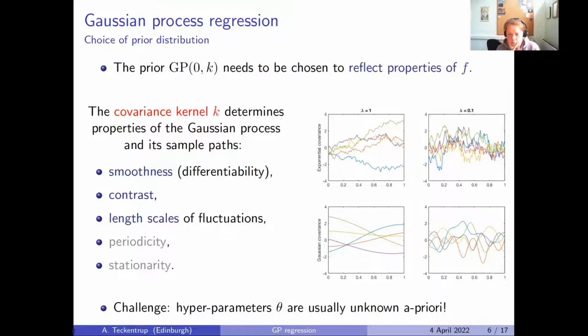And so choosing the right prior becomes very difficult in this context. You might have a function that really looks like this, but you're assuming in the prior that it looks something like that. And then it's not immediately clear whether this is still a sensible thing to do, and whether everything still converges to the correct underlying function. So I'm going to show you some theory that shows that this is the case.